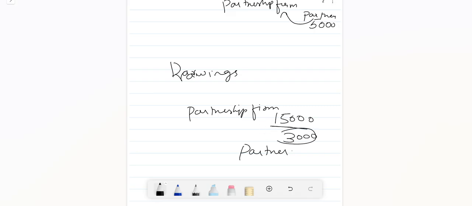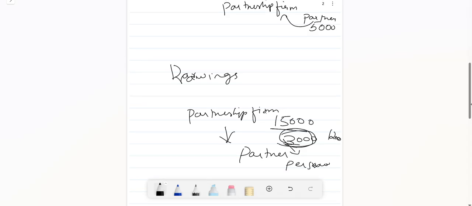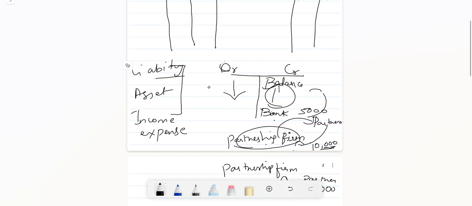I am in need of money, I'll take 3,000 and I will use it for my personal use or whatever use. So what happens now? The firm's contribution will come down to 12,000. So the partnership is no longer liable to pay the 3,000 rupees. The firm's liability is coming down. All right. So this will come on the debit side. Drawings will always come on the debit side.